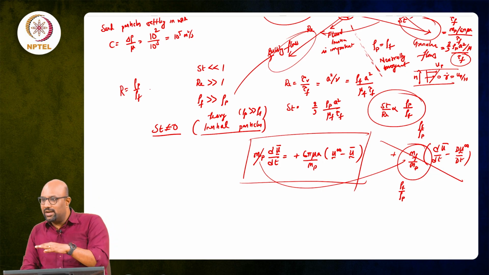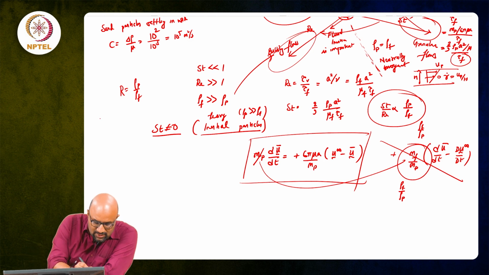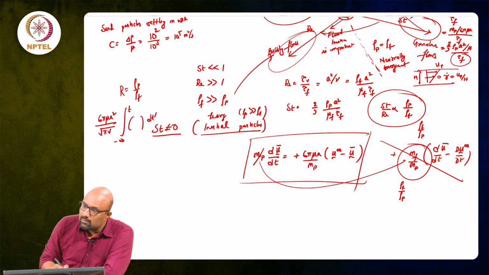Similarly, the history term that you had in the equation, if you remember, was 6 pi mu a squared root pi nu, and then there was an integral. Now, here if you once again divide by the mass, you have mu a squared over mass, root nu.